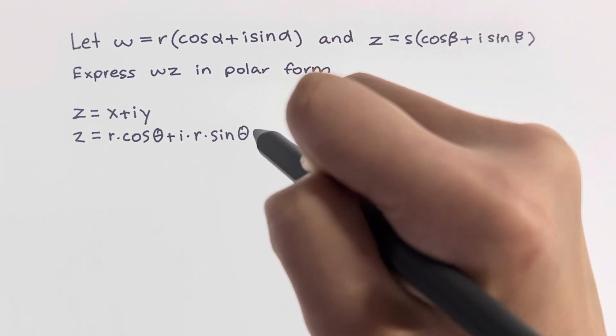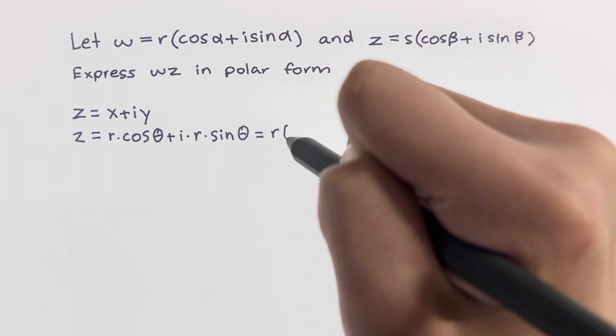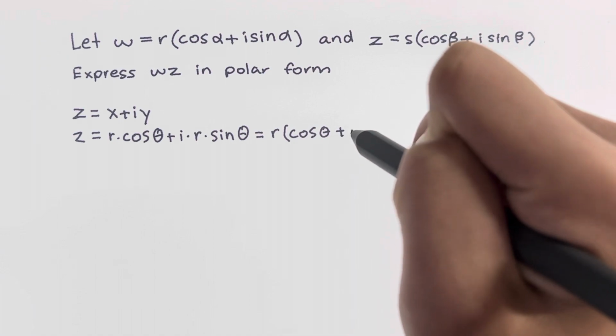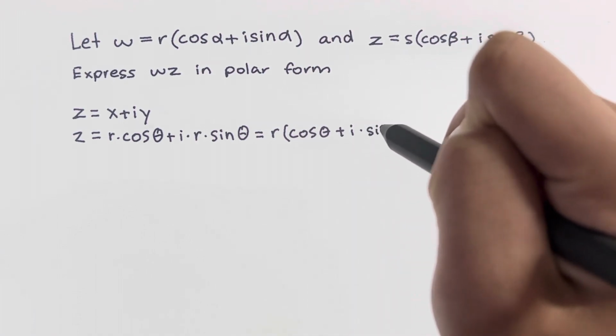And this can be simplified as r times cosine theta plus i times sine theta.